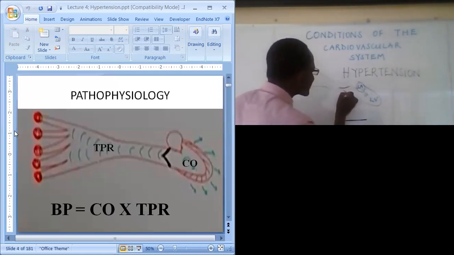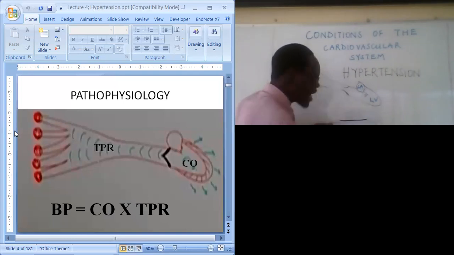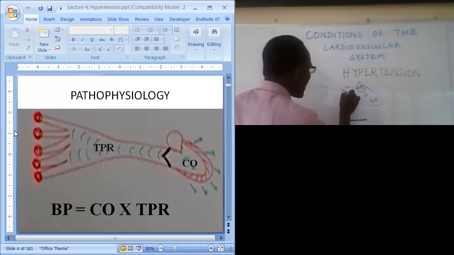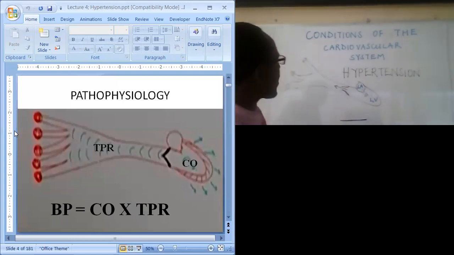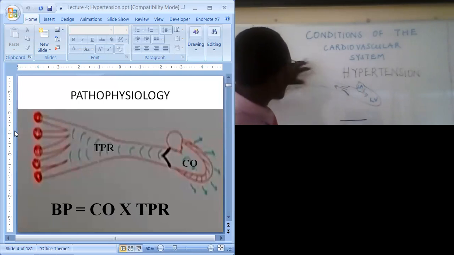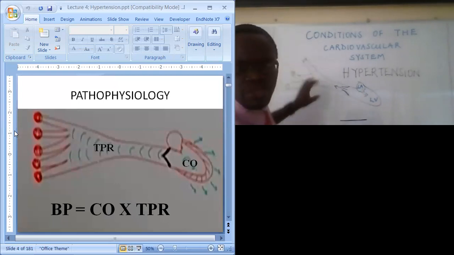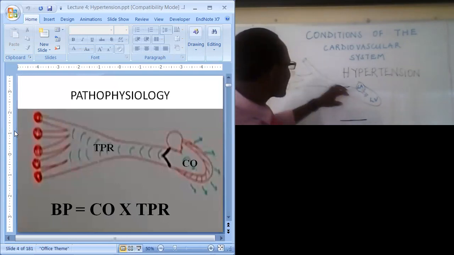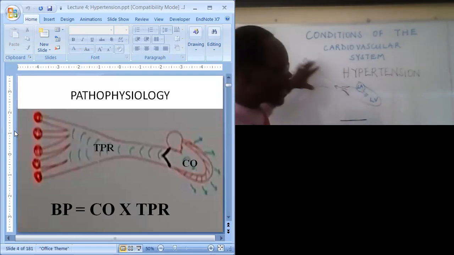As the left ventricle contracts, the aortic valves have to open to allow blood to go to the aorta. So assuming this is the aorta, and these are the different arterioles, the aortic valves open so that blood is able to move to the aorta.